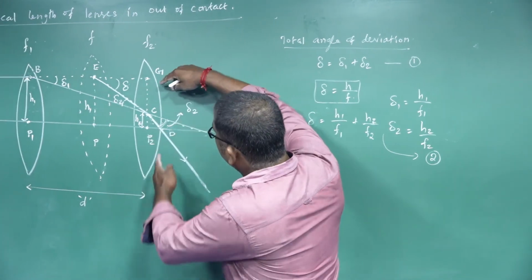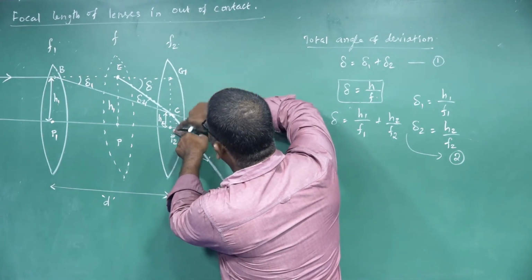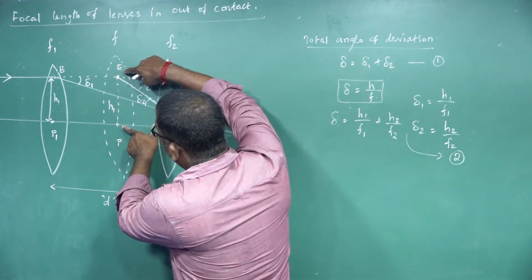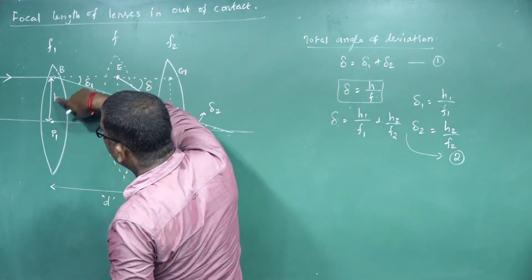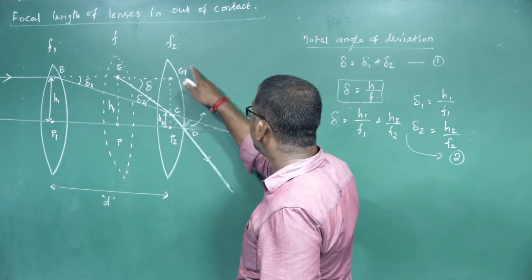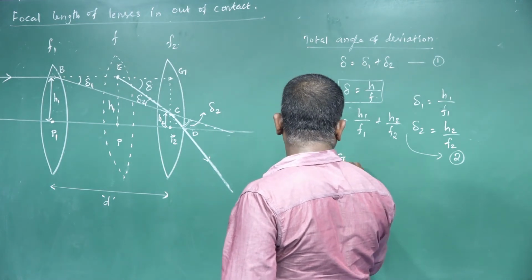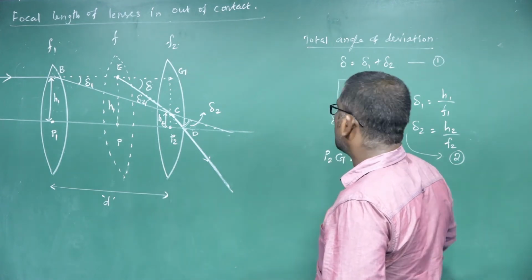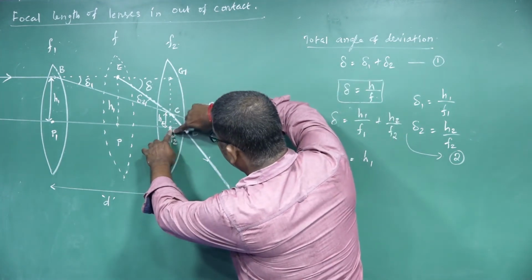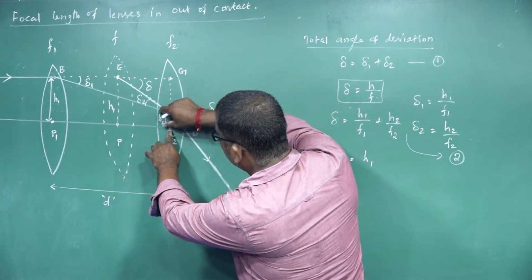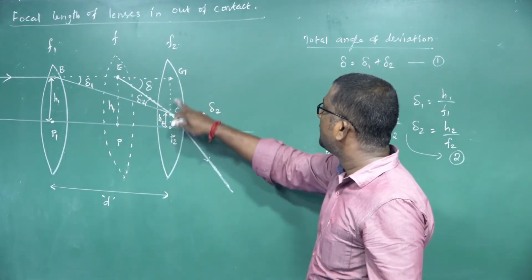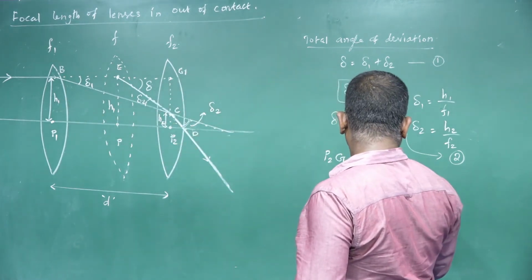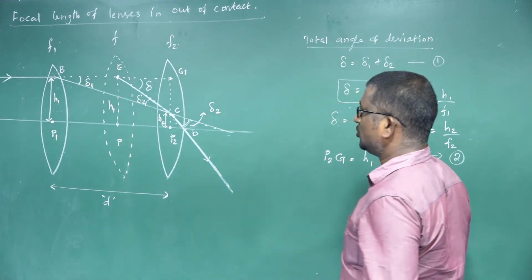In this diagram, this length is P to G. Here P to G is equal to PE, and PE is equal to P1B, which is H1. So P to G is equal to H1, and P to C is equal to H2.